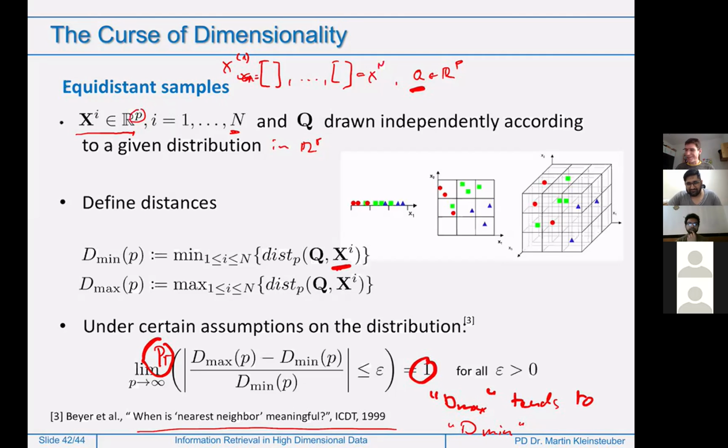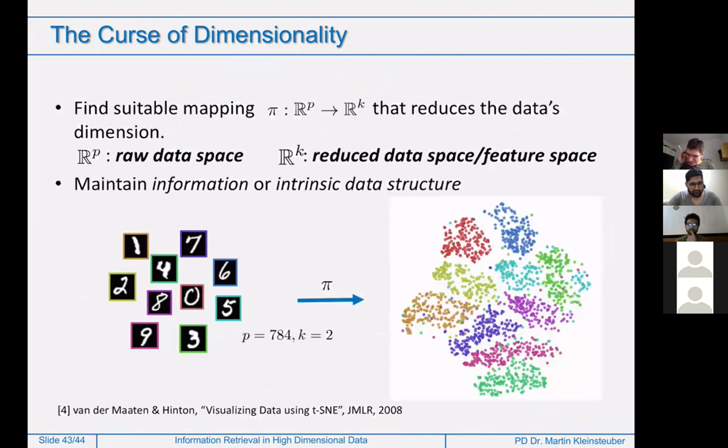I hope now it's clearer. Okay, so that means that all we can do with this machine learning stuff is exploit the intrinsic structure of the data, and reduce somehow our dimensionality in a meaningful way.